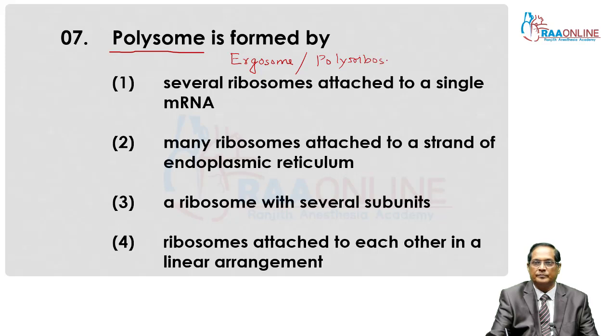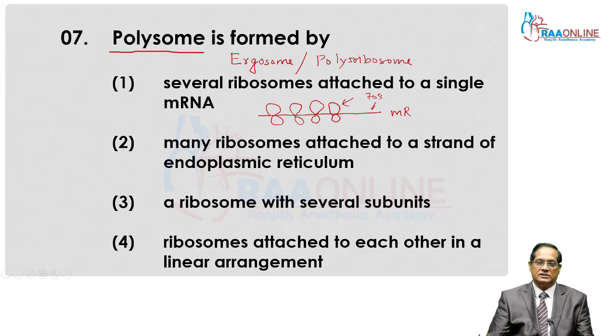At the time of protein synthesis, 4 to 6 ribosomes are attached on a thread of messenger RNA. This is the messenger RNA thread, and these are the ribosomes, and their sedimentation rate is 70S.